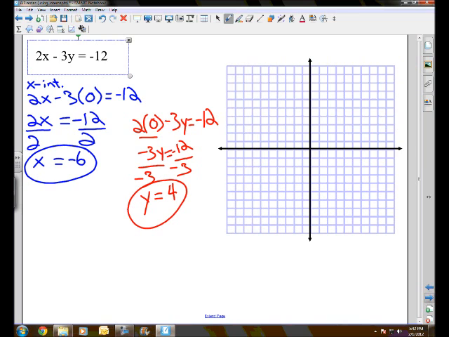Okay, very good. So x equals negative 6. Well, that just tells us one thing. It tells us one coordinate, right? If all we know is that x equals negative 6, then if we go over to our coordinate plane here, we'll count over 1, 2, 3, 4, 5, 6 in the negative direction on the x. I have to orient my smartboard a little bit, but that's pretty close.